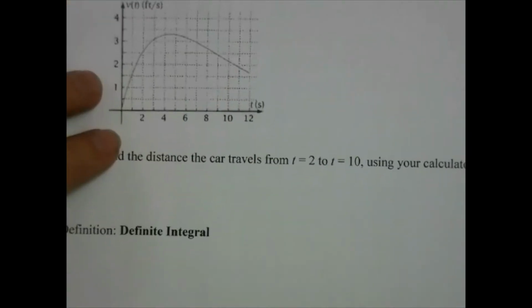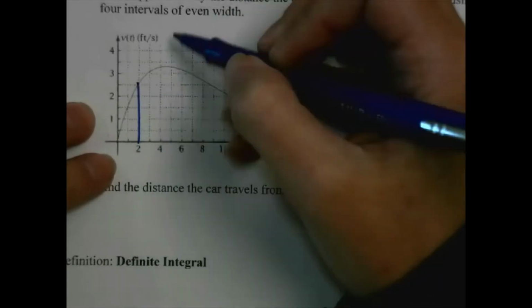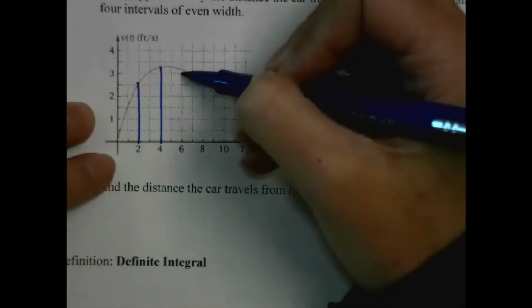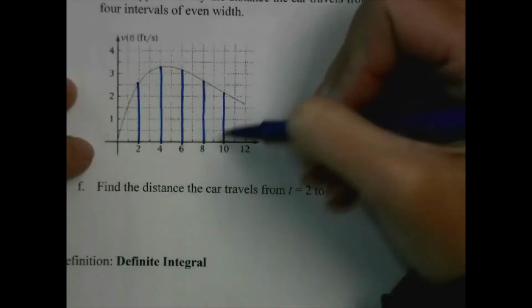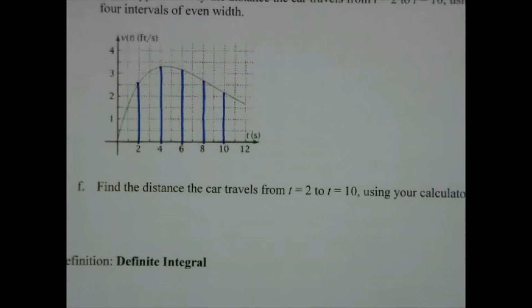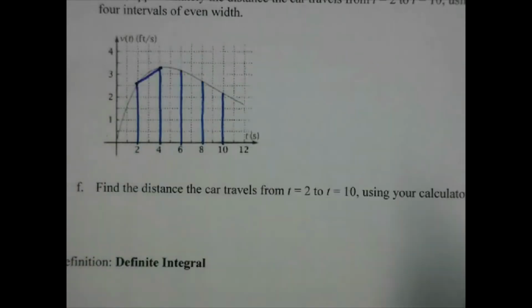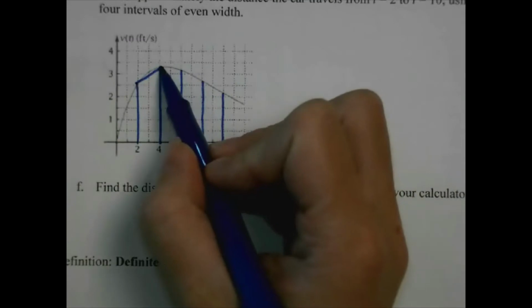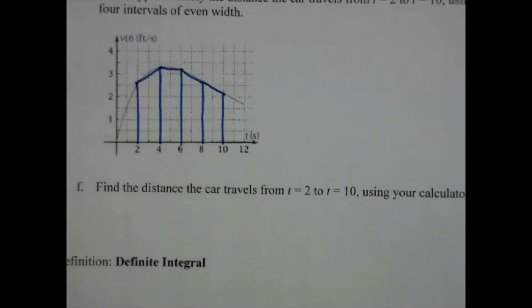So on the graph, we're still going from 2 to 10, and we still have 4 even intervals. But rather than making rectangles, we're going to make trapezoids by connecting the endpoints. So there's our trapezoid from 2 to 4, from 4 to 6, from 6 to 8, and from 8 to 10.